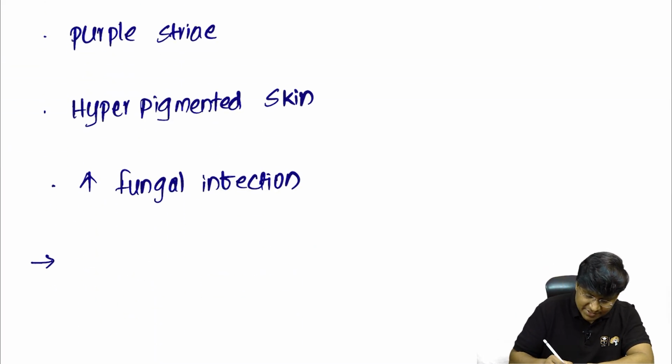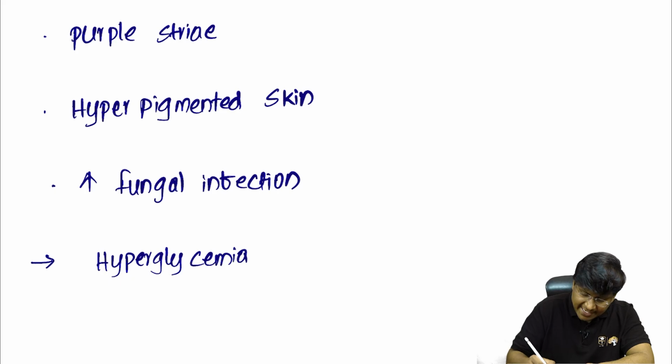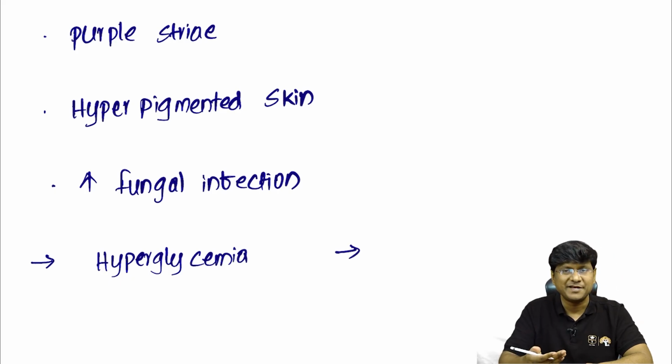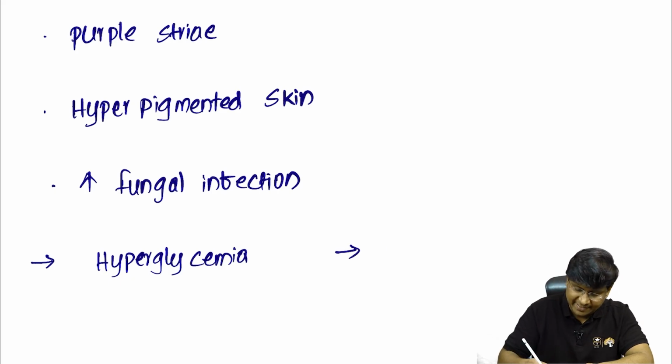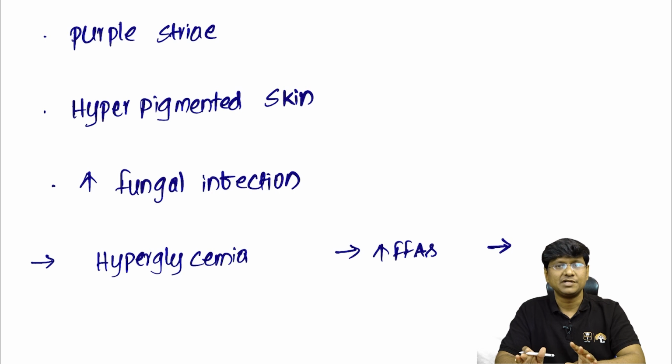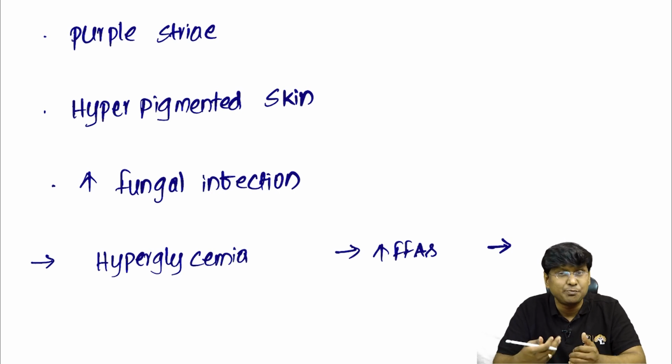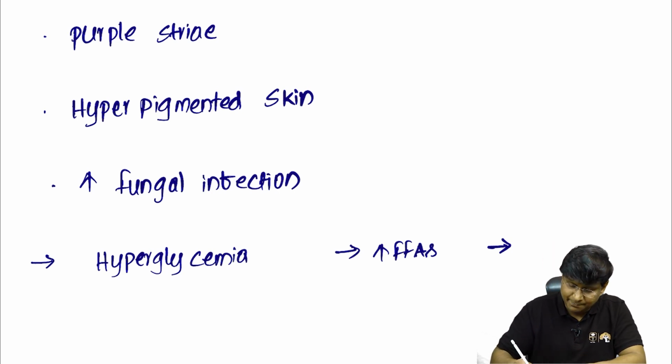And related to carbohydrate metabolism, these patients will have hyperglycemia. And in lipid metabolism, they'll have dyslipidemia and lipolysis, causing an increase in the free fatty acids. And in protein metabolism there is excessive proteolysis causing the proximal muscle myopathy.